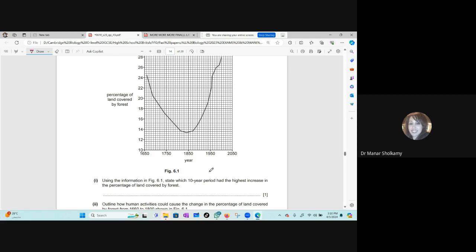Which part shows the steepest increase? The steepest part, a 10-year period. In which period? Here or here or here? Yes, in the 1950s.